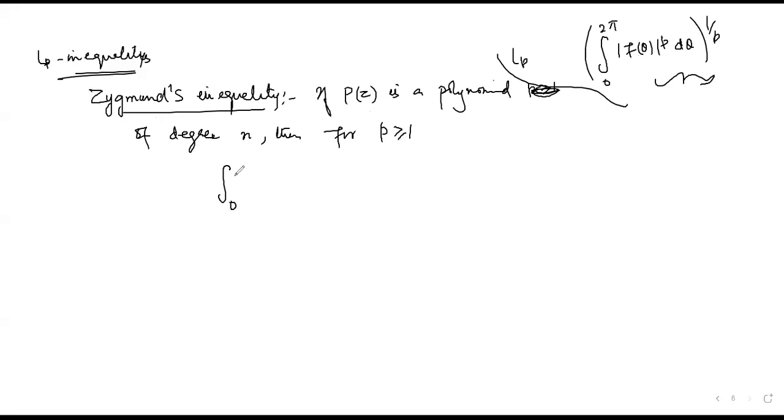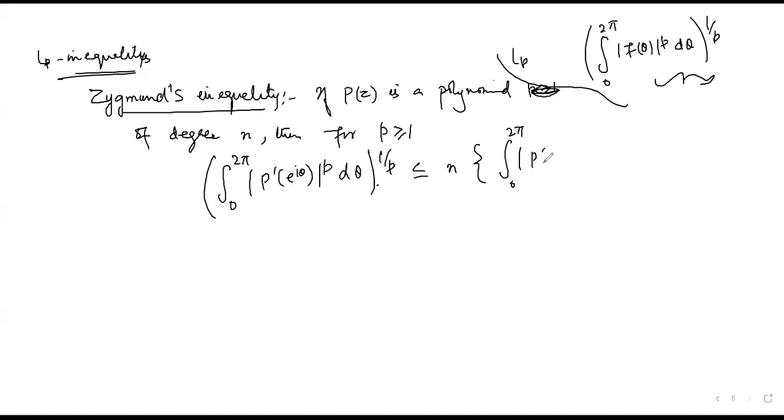So we have 0 to 2 pi. If I take p dash of e raised to power iota theta on the boundary, take its pth power, then integrate with respect to theta, then take 1 by p, this would be less than or equal to n times, again the same thing, 0 to 2 pi, p of e raised to power iota theta whole raised to power p, then integrate and then take the 1 by p bracket.